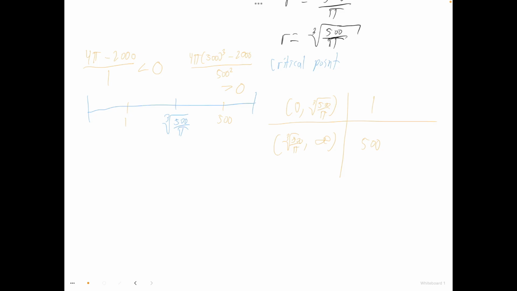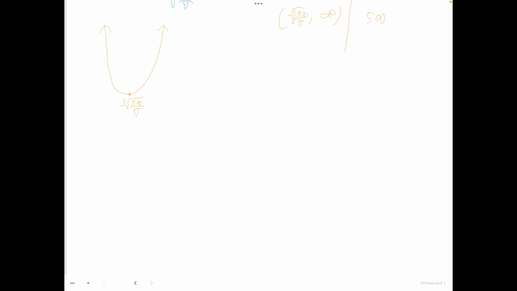You can kind of think of it like a parabola, in that the cube root of 500 over pi is the bottom piece of the parabola. It might not exactly look like a parabola, but it sort of takes on that appearance. And so that tells us that that has to be where we have a minimum, and it has to be an absolute minimum.